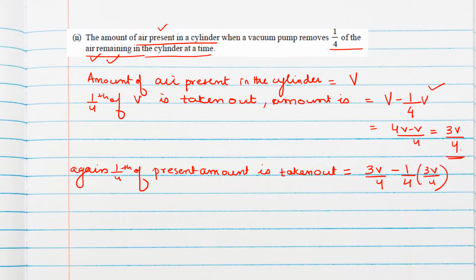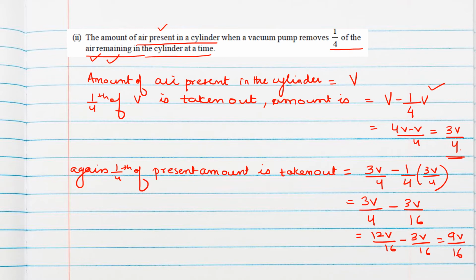So if we multiply this, we will get 3V by 16. So you do cross multiplication, or you can make LCM also. This 4 is there, we need 16, so multiply and divide by 4. So 12V by 16 minus 3V by 16 will give 9V by 16.